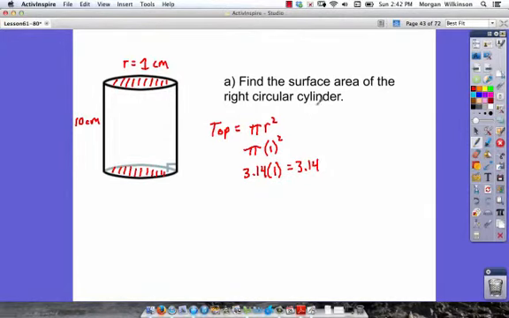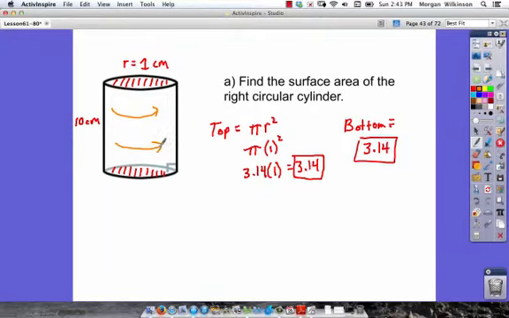Now the nice thing about surface area of right circular cylinders is the top and the bottom are always the same. So we've got the top, well the bottom, same shape, same size, it's congruent, it must be equal to 3.14 as well.